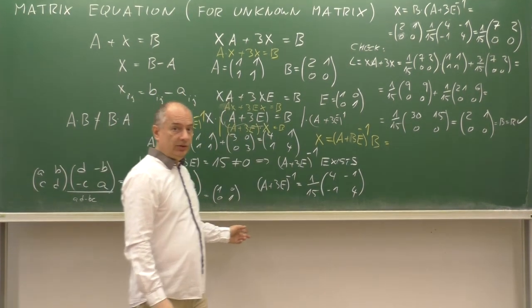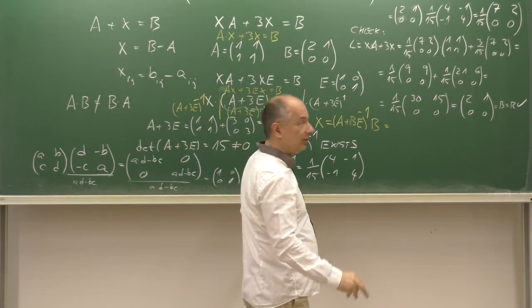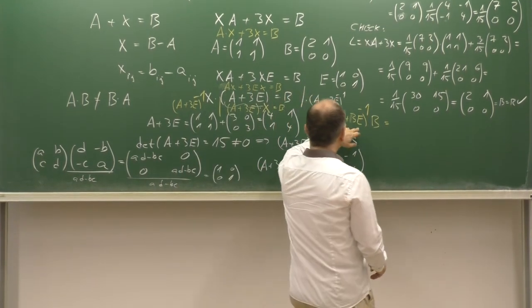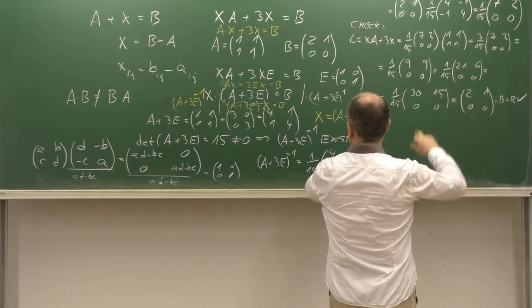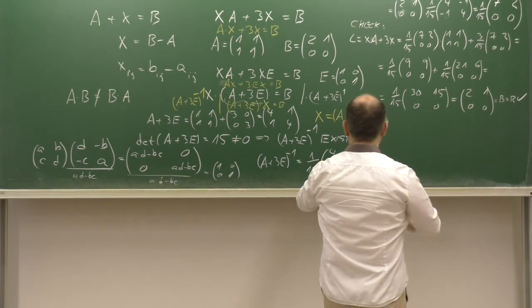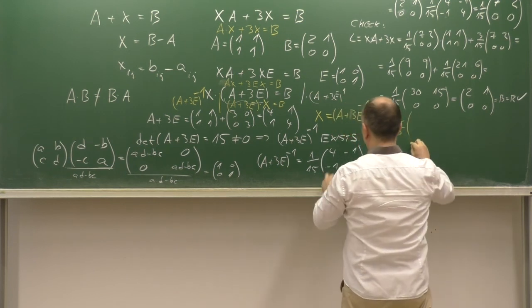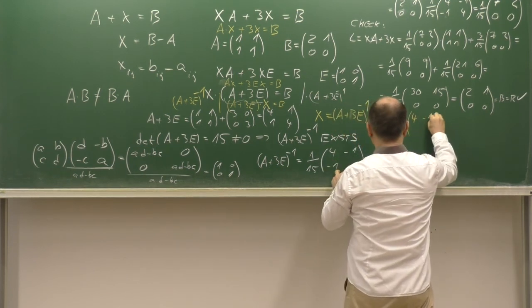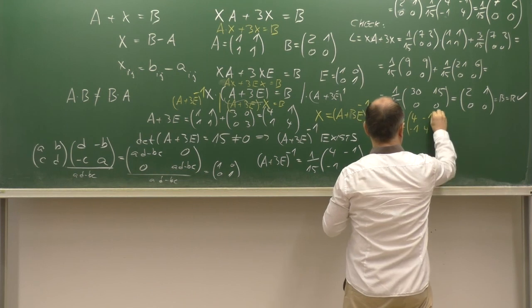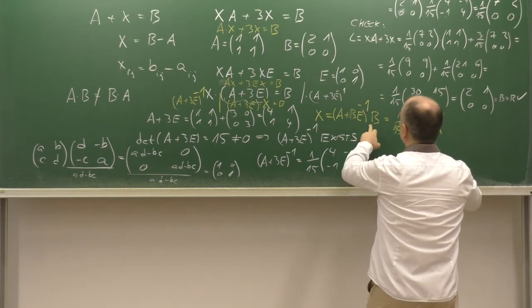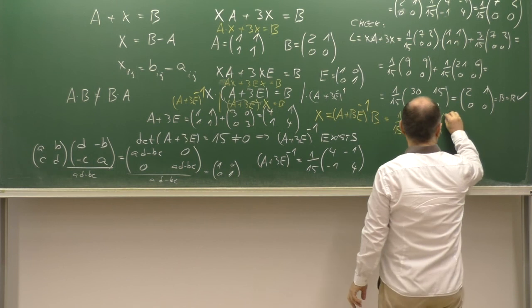But this will give a different result than in the previous case. We have A plus 3E inverse already here, which is 1/15 times 4, minus 1, minus 1, 4, times B, which is 2, 1, 0, 0.